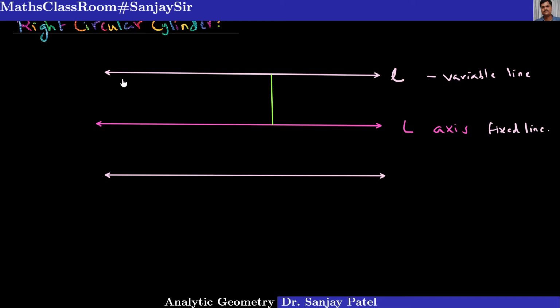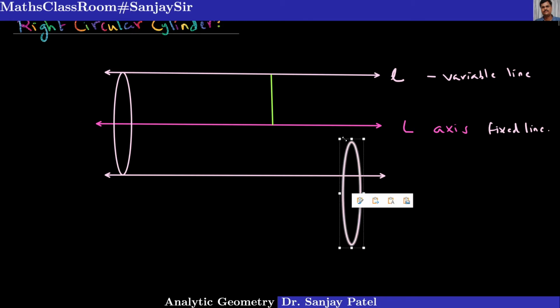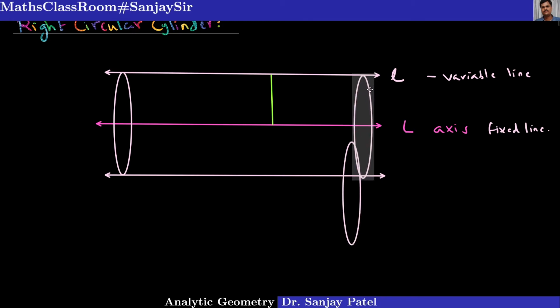Okay, so the base of the right circular cylinder is a circle. Okay, so I can have a circle over here. To understand more clearly, let me keep it over here also. So this kind of cylinder is known to you from the school.